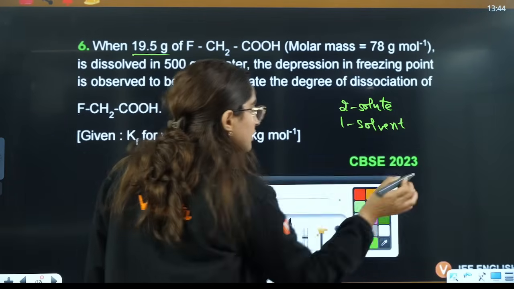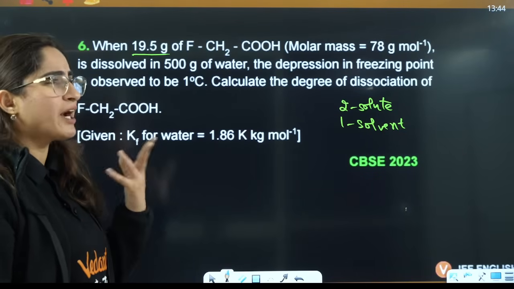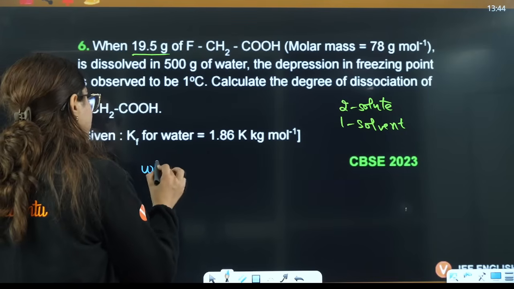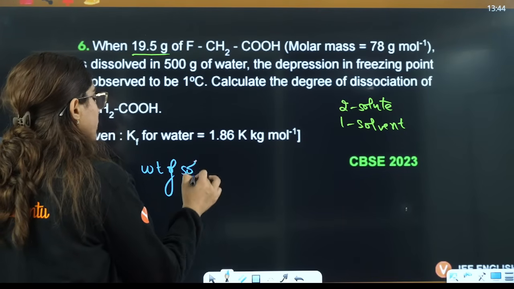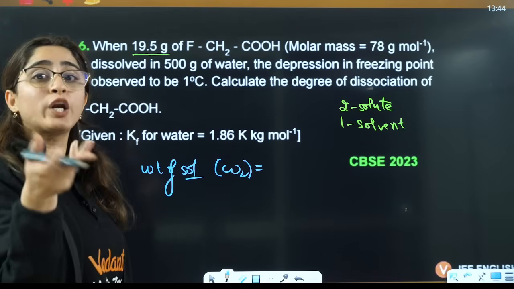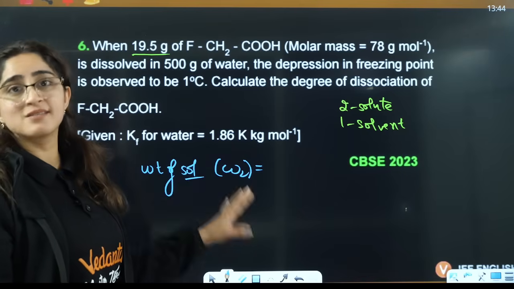Okay. Now see. It is just representation that we use instead of writing weight of solute again and again. But in the exam, you need to write weight of solute, that is W2. You have to tell the examiner that what you are telling W2. You will say weight of solute is W2, that is this is given.